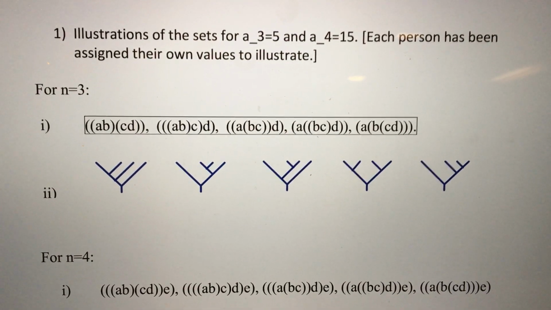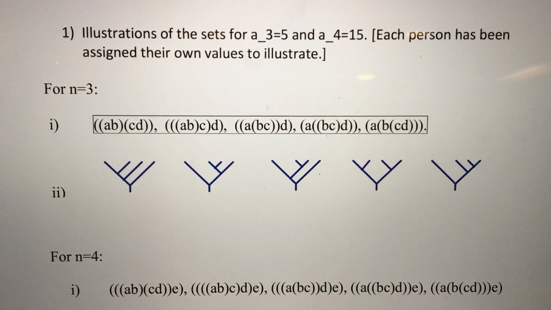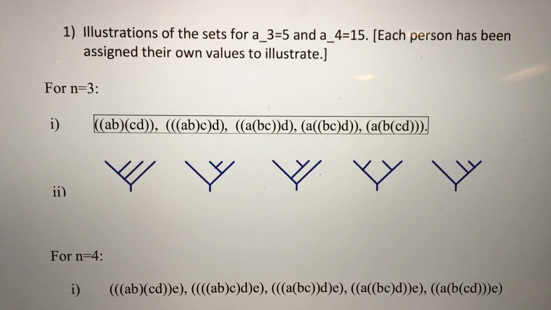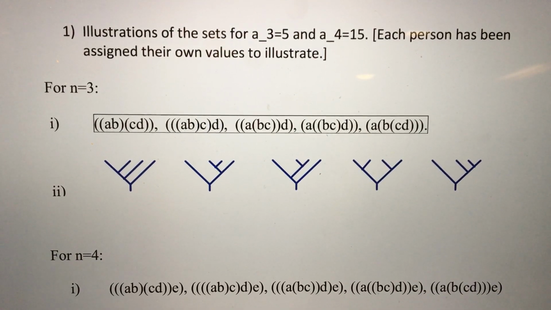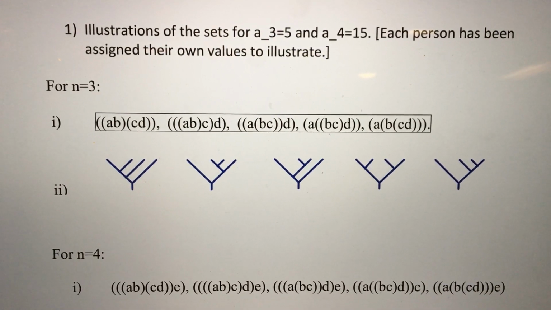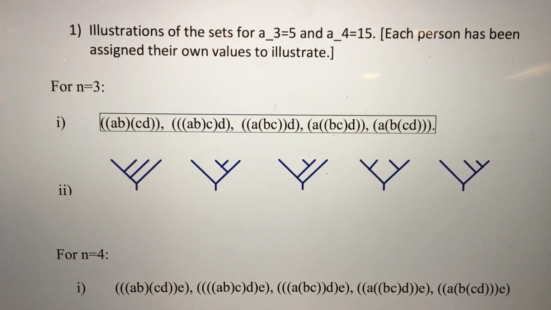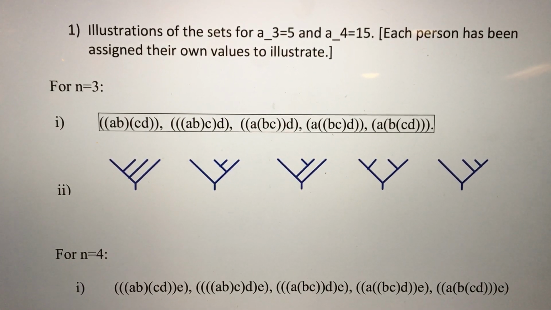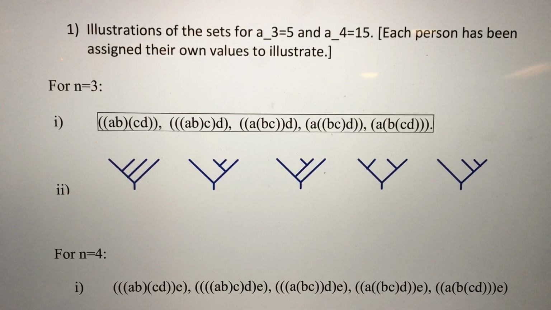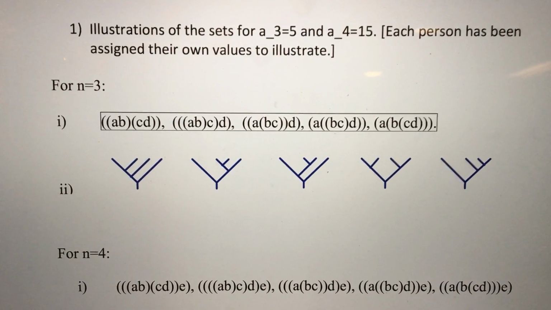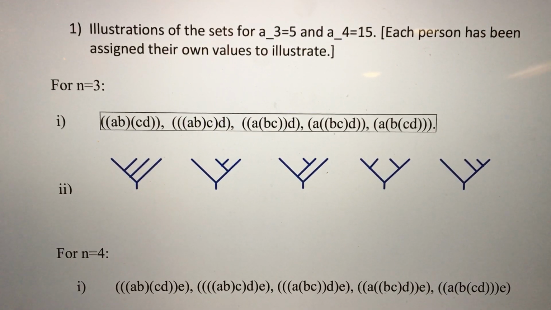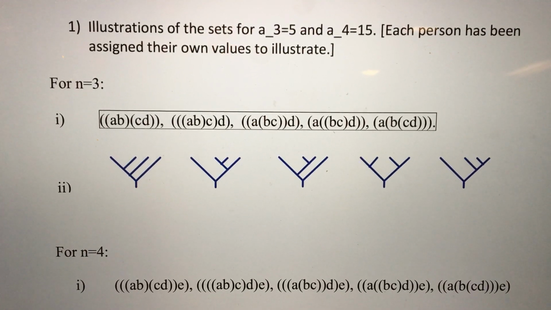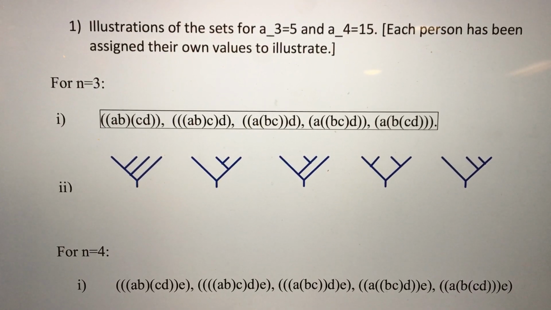My 2 structures, if you look back at the outline, were inserting pairs of parentheses, and for n equals 3, that would be 3 pairs of parentheses in a string of n plus 1 letters. So my string of n plus 1 letters is A, B, C, D, and in each of these examples I've put in pairs of parentheses.